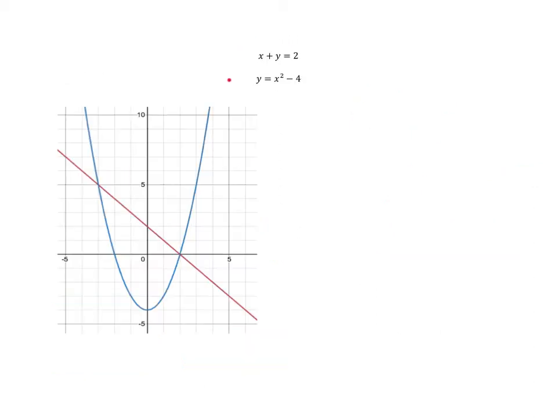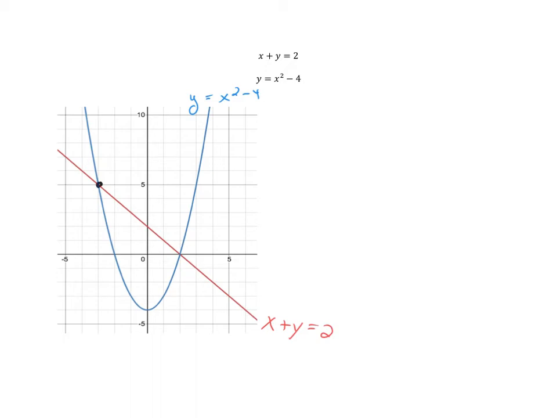Just to take a second look at that first example that we just completed, here I graphed both of these equations. The one in red is x plus y is equal to 2. And the second one is our quadratic, which is y is equal to x squared minus 4. The thing to note is these two equations intersect at two places.